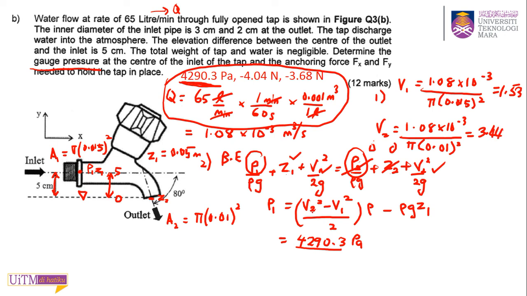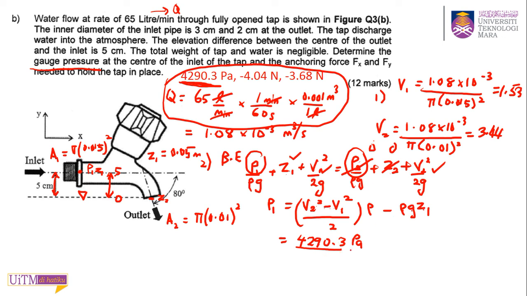And you put back lah 3.44 squared tolak 1.53 squared over 2 darab dengan rho. Rho is 1000. Lepas tu tolak rho 1000 darab 9.81 darab 0.05.